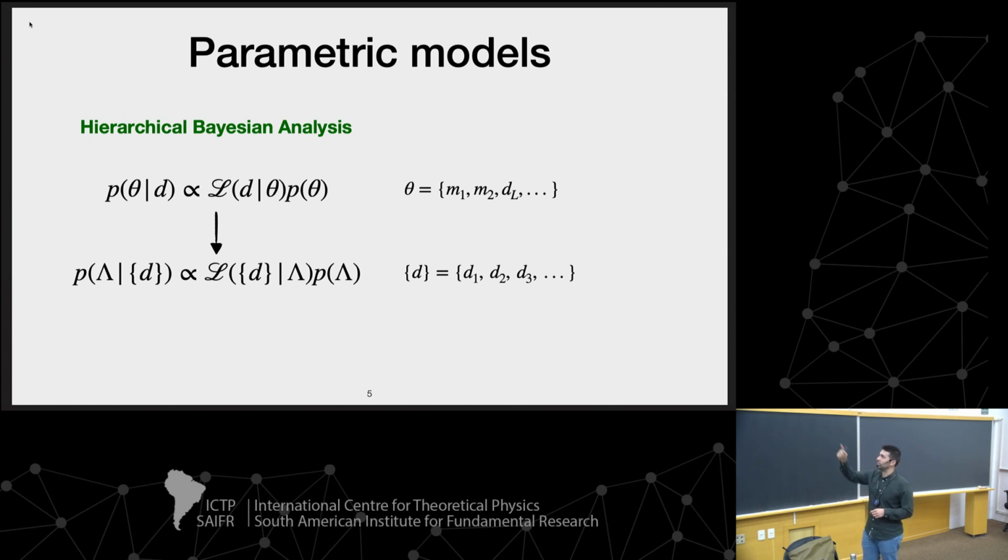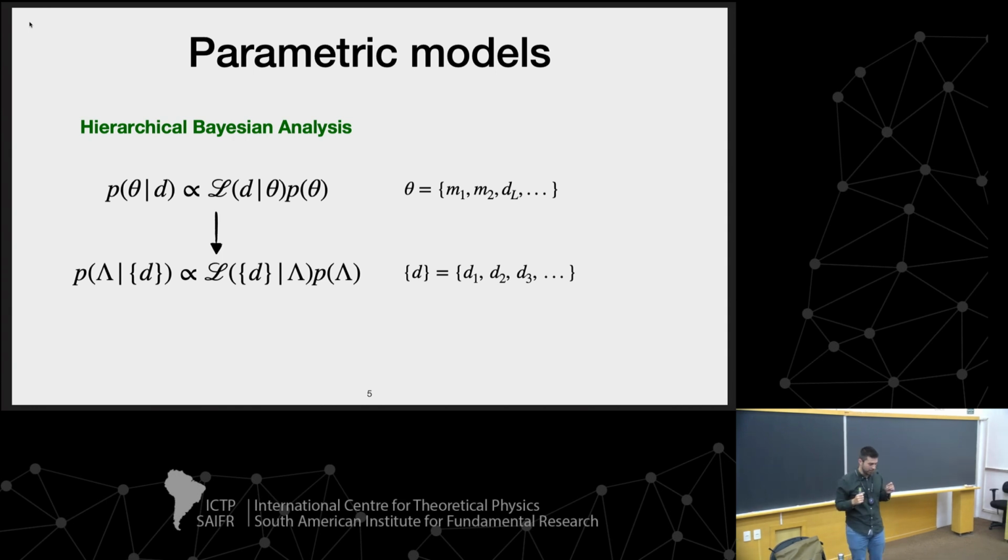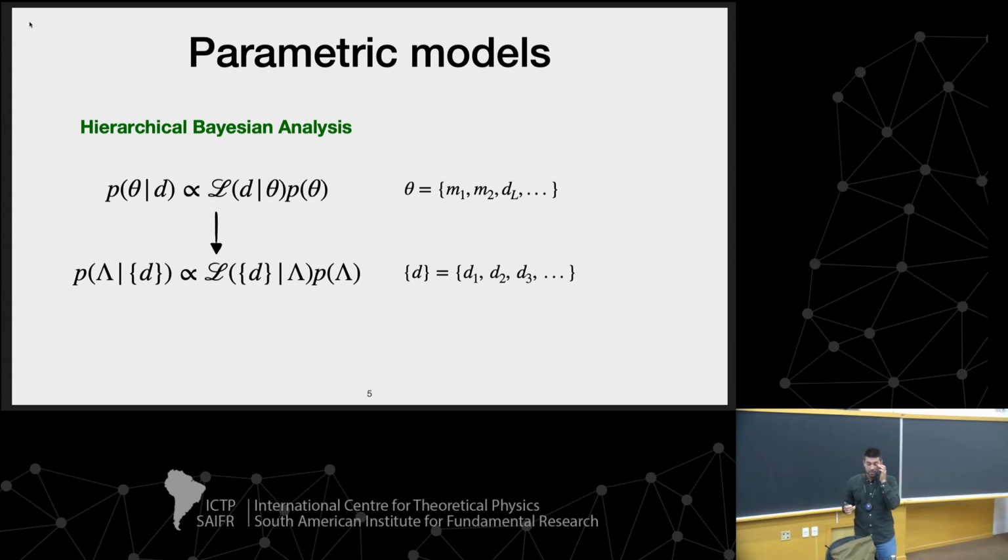What we want to do is like a step forward. What we want to estimate is lambda. Those lambdas are the parameters describing the model, given all the data. So the data in the curly parentheses means the entire set of observations: D1, D2, D3, up to D90, all the observations that we collected so far.